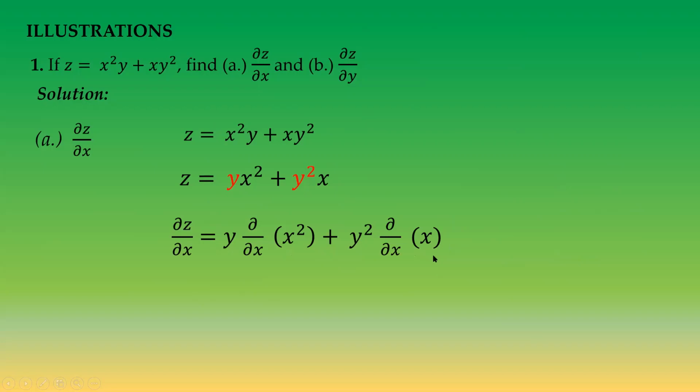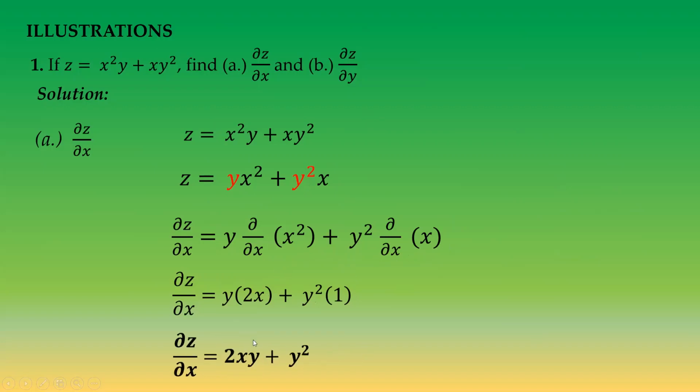So, differentiate x. Applying formulas, we have y times 2x plus y squared times 1 for derivative of x. Then, simplifying, we have 2xy plus y squared as the partial derivative of z with respect to x.